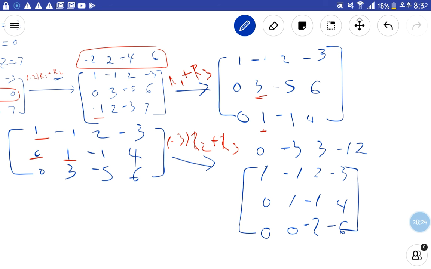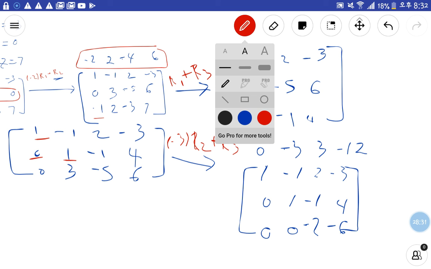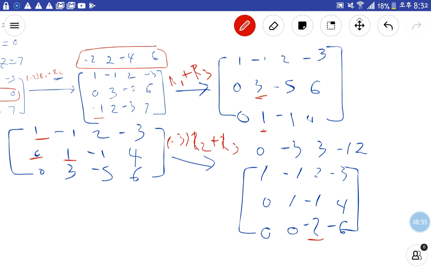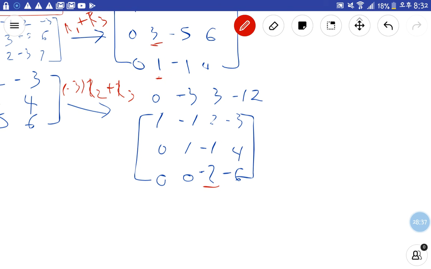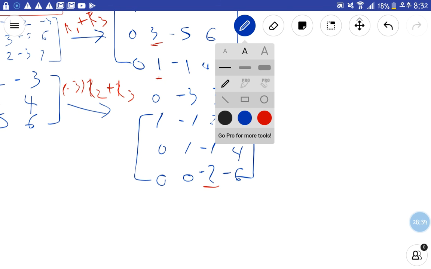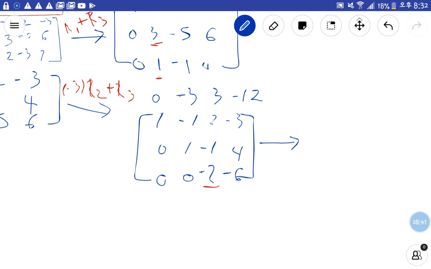Okay. Does it look like a row echelon form? Not yet, because my third row, third column, this number needs to be what? 1. So, what do I do right now? You are going to times a non-zero value to make that. How can I do it?